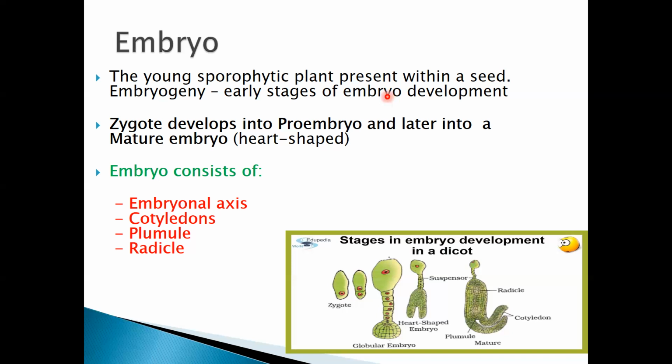Now, what is embryogeny? Embryogeny is nothing but the early stages of embryo development, as the embryo develops into a plant, or in the human body, how the earlier embryo develops into a fetus, that is the small infant baby. You know, no?